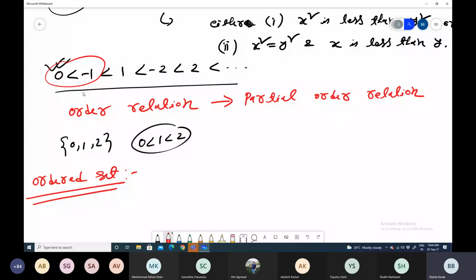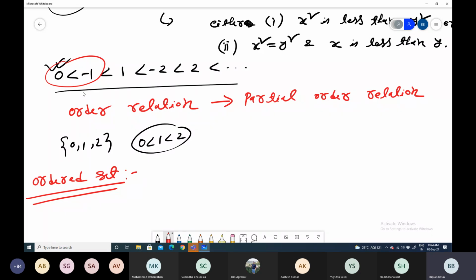You can ask why we are trying to give a new ordering. That will be useful when you want to prove that the set of integers, Z, is countable. That's when you can count them. To count Z, you have to start somewhere, right?